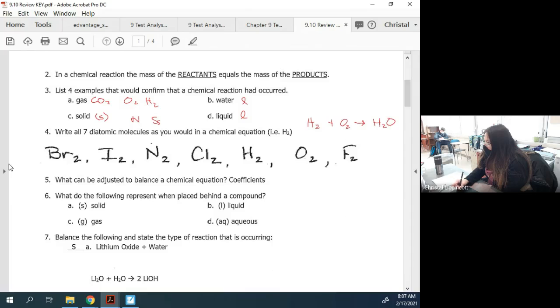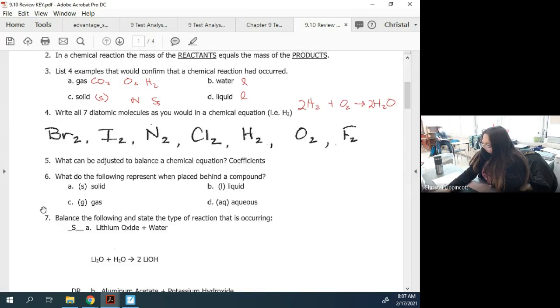I can't put down this hydrogen and this oxygen without these 2's here. I have to have them there. Okay. Then we go and we balance. So I've got 1 oxygen here. Here I've got 2. So I'm going to put a 2 here. That takes my hydrogen out of whack. So I got to put a 2 there to get that to balance. That makes sense? Okay.